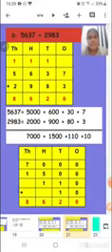Children, then we have to expand the numbers. The expanded form of number 5,637 is 5,000 plus 600 plus 30 plus 7, and the expanded form of 2,983 is 2,000 plus 900 plus 80 plus 3.